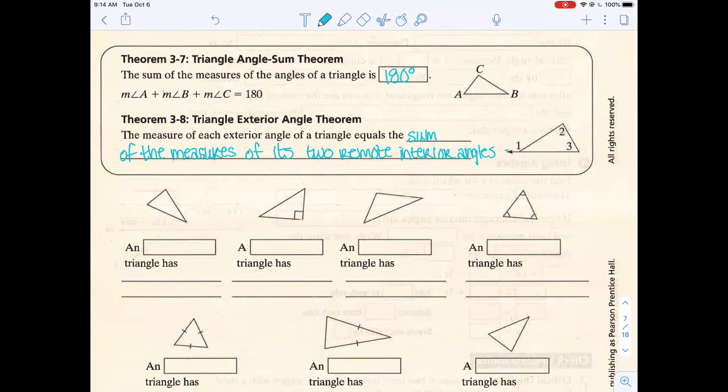So like if we're looking at the exterior angle 1 here, 2 and 3 are remote. I just think about the ones on the opposite sides of the triangle from the angle we're looking at.